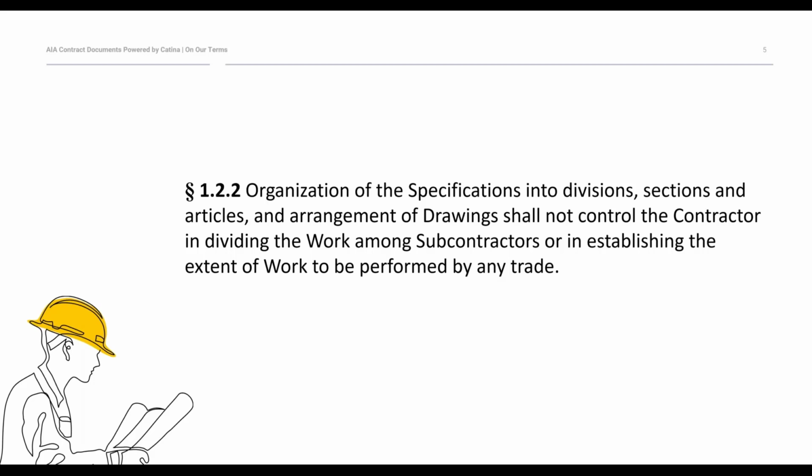So in other words, the contractor is responsible for allocating portions of the work to the subcontractors and others within the limits required by the contract documents, irrespective of the organization of specifications. Often, individual specification sections require the work of several different trades, even though the identification of the section may seem to indicate otherwise. So for example, the mechanical specifications may include work required by an electrician or by other trades.